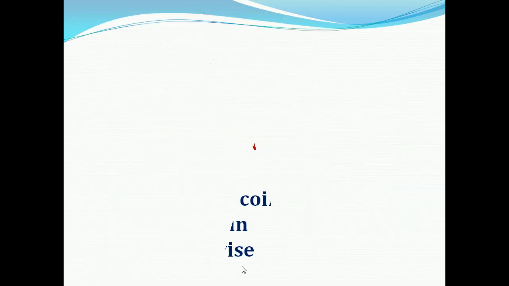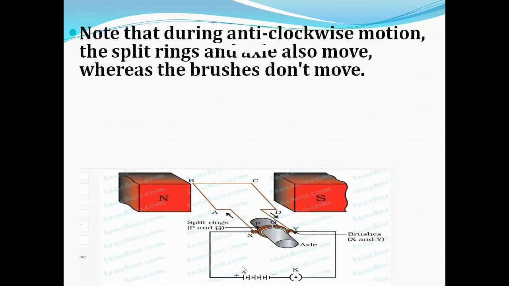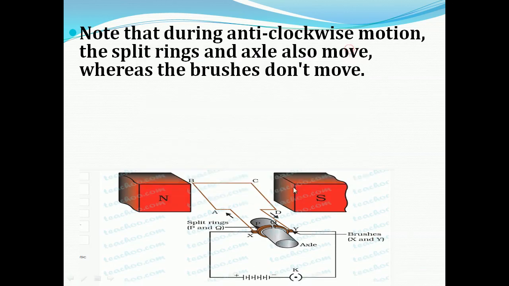When the coil rotates in the anti-clockwise direction, the split rings and axle also move, but the brushes X and Y do not move. So only the split ring and the axle rotate along with the coil, while the X and Y brushes do not move.